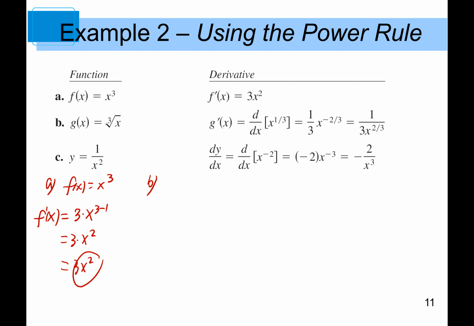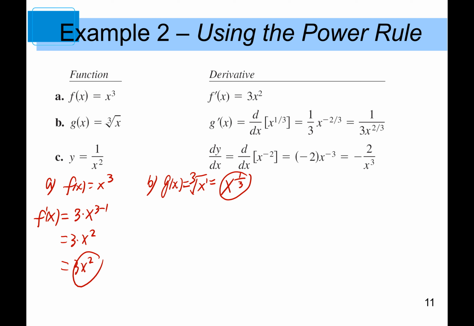Second one, b, we have g of x equals the cubic root of x. You also apply the power rule, so you turn it into an exponent. Going from radicals to exponents, you put a base x, and then the power is 1 over the index 3.